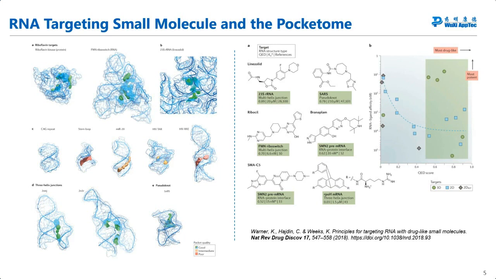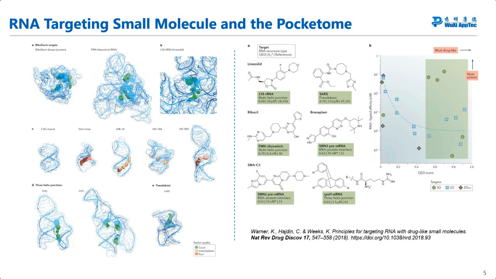In this review paper by Dr. Kevin Weeks, an algorithm called POCFinder was applied to estimate the quality of the potential ligand binding pockets of a set of RNAs. Similar to protein targets, different RNAs present different qualities of pockets in terms of small molecule binding.